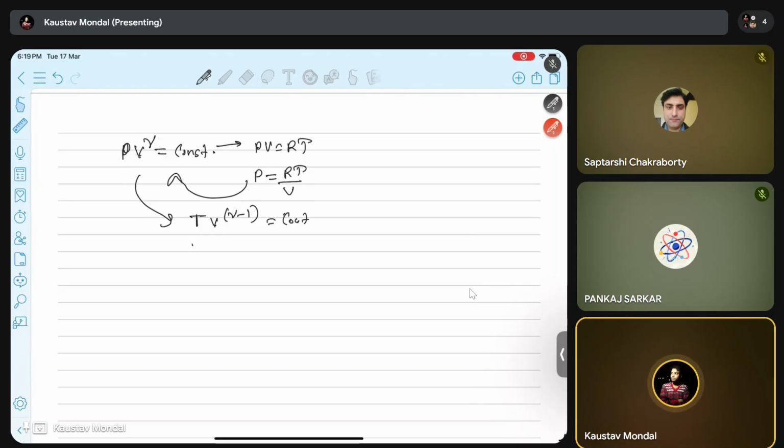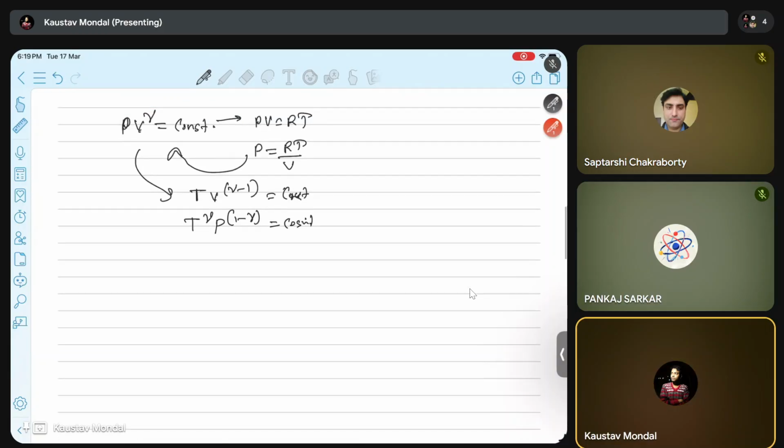In that case, the relation will become T to the power gamma P to the power 1 minus gamma equal to constant. Depending upon the problem, you might have to use any of these relations, whether it's the relation between pressure and volume or temperature and pressure.